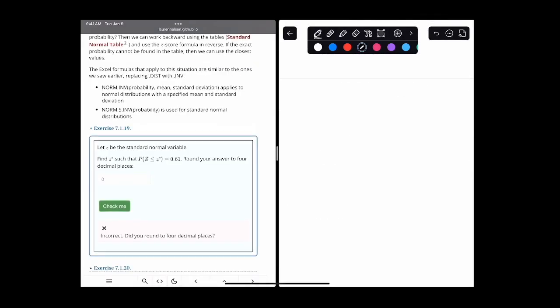So if I look at exercise 19, it says to find z star so that the probability that I get a z that's at most z star is 0.61. So that means I'm looking for a z star that has an area of 0.61 to the left. So what it's telling me is that the probability that I get something to the left is 0.61.